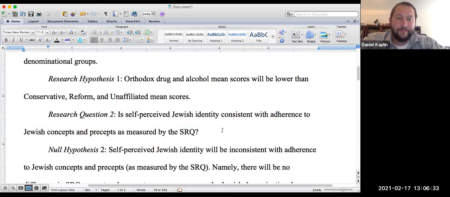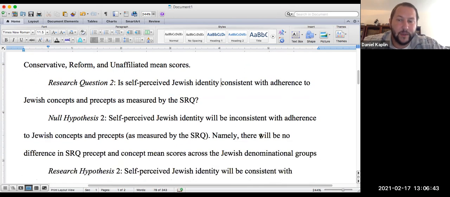So I'm going to shrink my second research question the way I write it today. Is self-reported Jewish identity consistent with adherence to Jewish concepts and precepts, right? So that is a much shorter question.